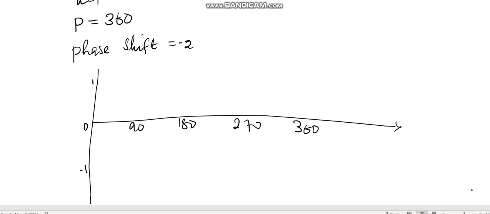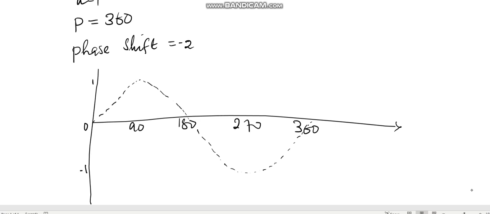So then it's going to go this way, touch 1 at 90, back to 0 at 180, touch negative 1 at 270, and back to 0 at 360 there.